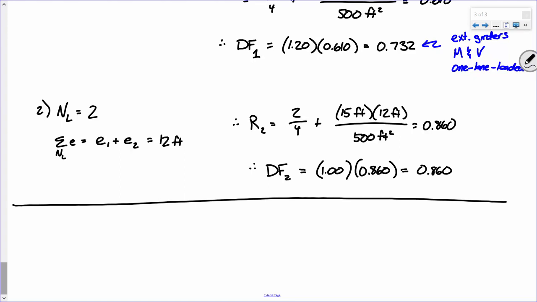In other words, let's just pick the worst case distribution factor from interior girders and exterior girders, and design them all the same. So let's do this. I'll say summary, but I'm going to indicate that this is only for strength and service limit states.